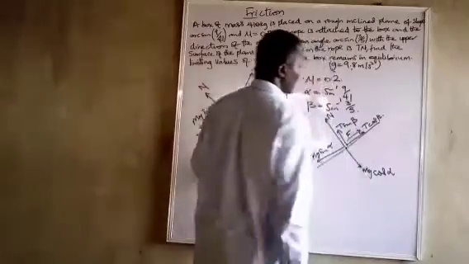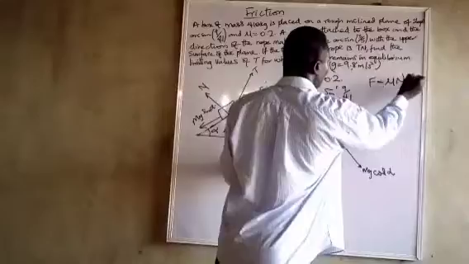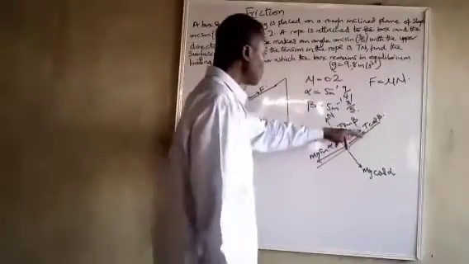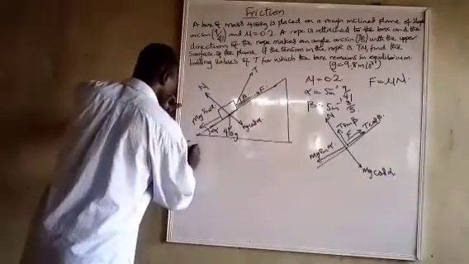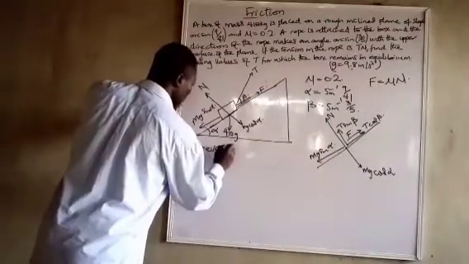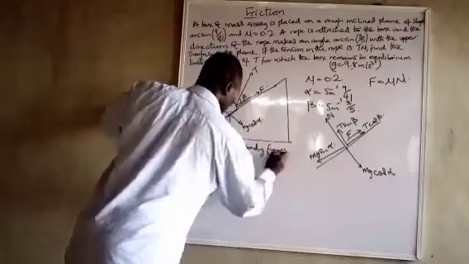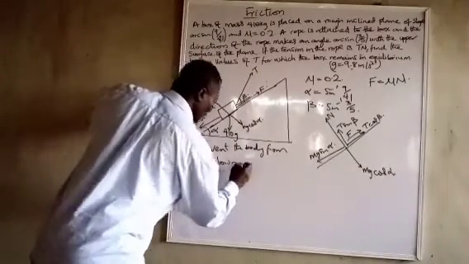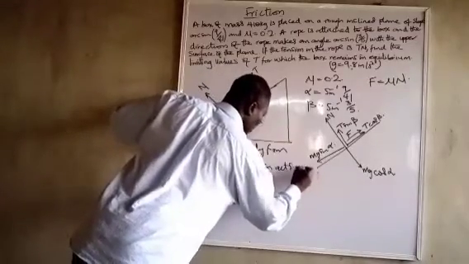And you know what our value of F is? F is mu N. Now, we are asked to find the value of T for this situation. To prevent the body from sliding down, friction acts upward.